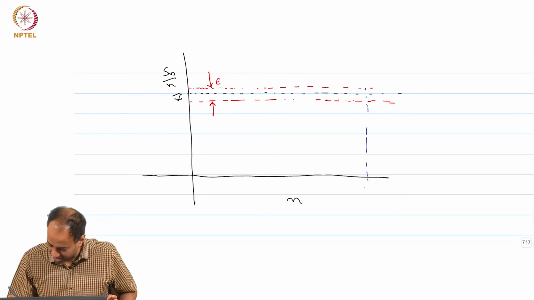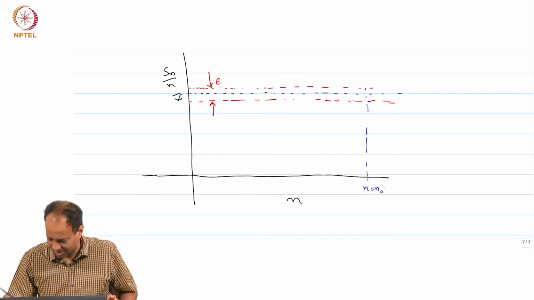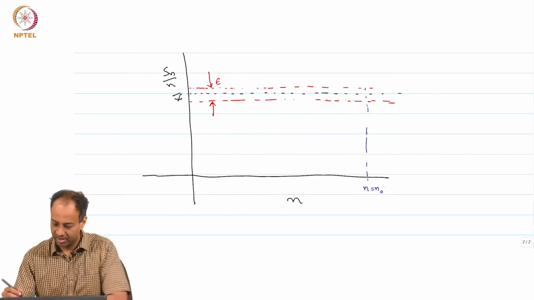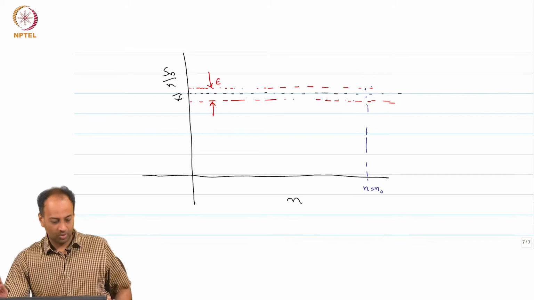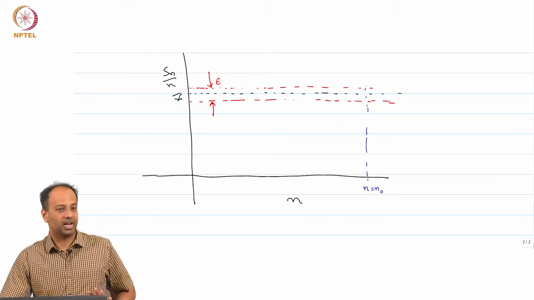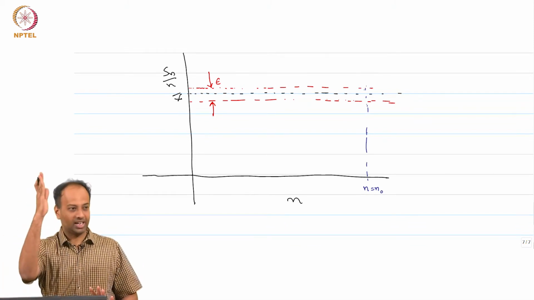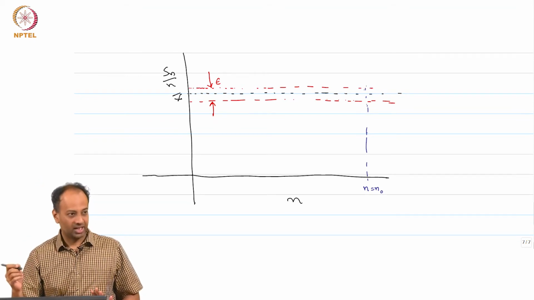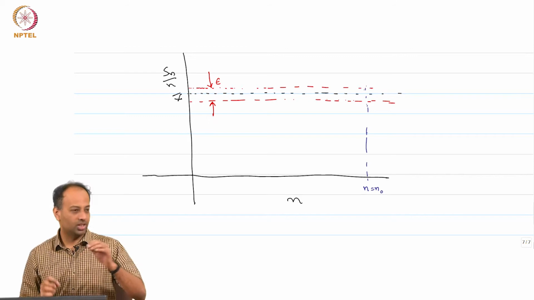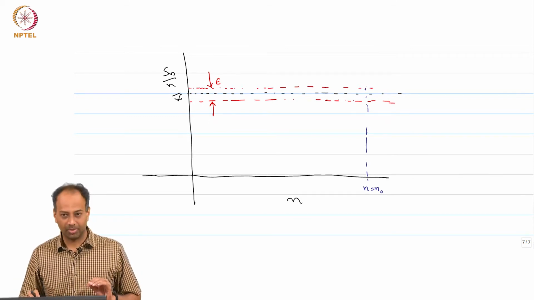Let us say you fix some large n equal to n naught, and you look at the probability that S n over n falls outside this band at n naught, right. You look at the probability that S n over n falls outside the epsilon band. Okay.